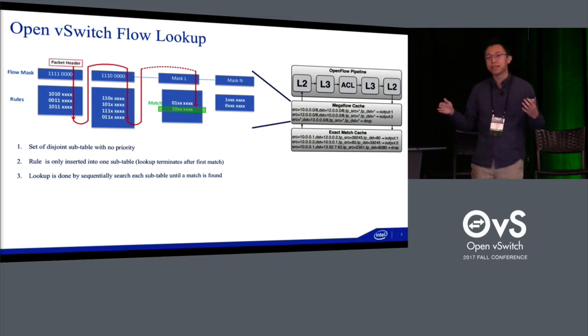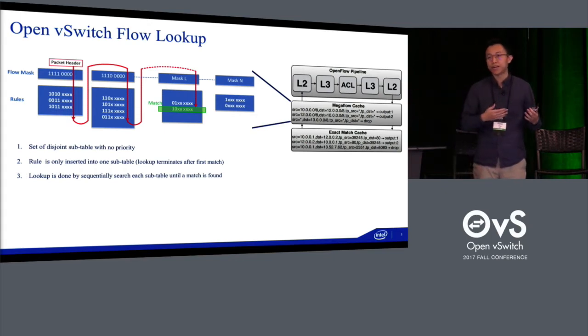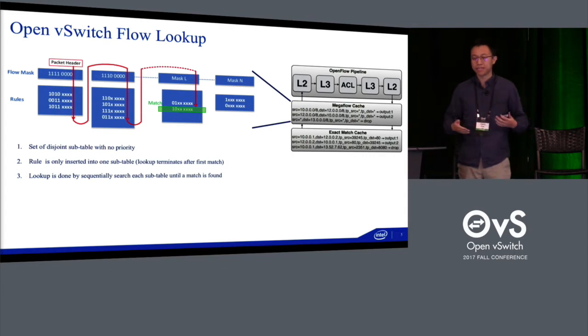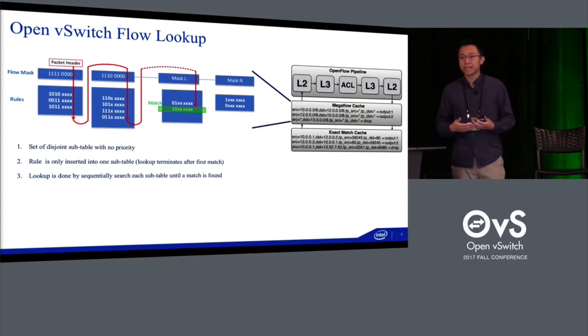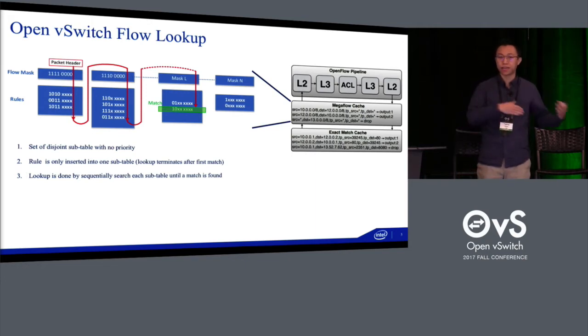You don't have to search all the tables, get all the rules, compare the priorities, and get the highest priority one. That's why we need this megaflow layer, because it enormously speeds up the lookup process, since you can return as soon as possible. So this is a brief introduction.